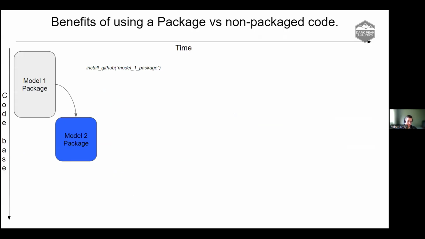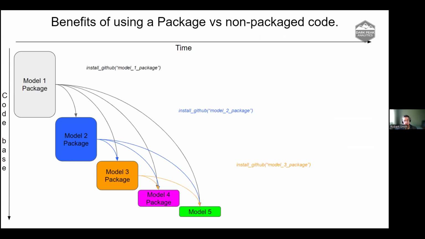Imagine that every model might do some discounting, and so we don't all need to write the same discount function. We can just use the discount function from model one, and model 3 might use some of the code from model 2 and model 1, and so on, so that each model is using less novel code and more previously created code from previous models.